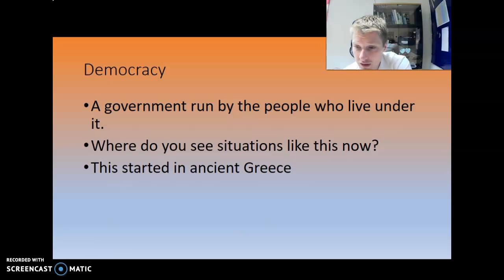Where do we see situations like this now? Where do we see democracies? There are a lot of democratic republics in the world. Indonesia is one of those, and the democratic part of it comes from the word democracy. It's basically a republic that's voted on by the people.